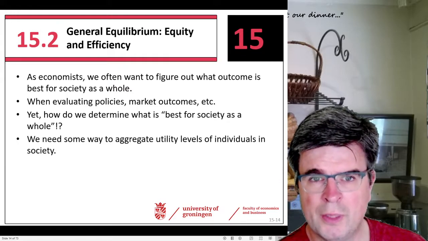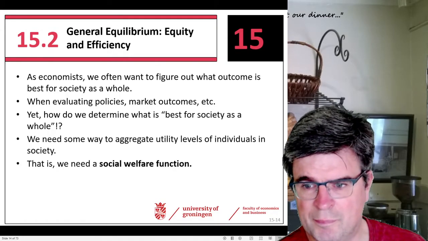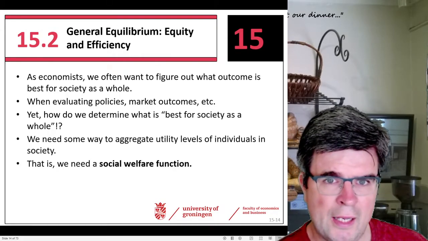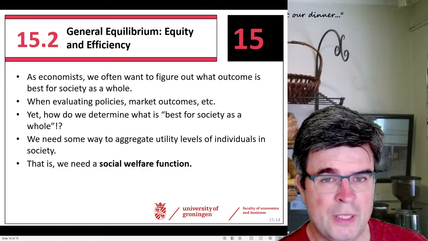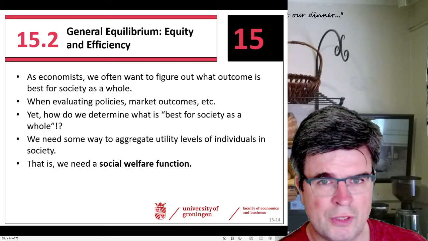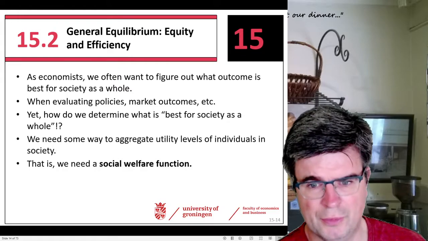But there are different ways to look at this aggregate utility. We need to go beyond the utility function of an individual, and we need something like a social welfare function.